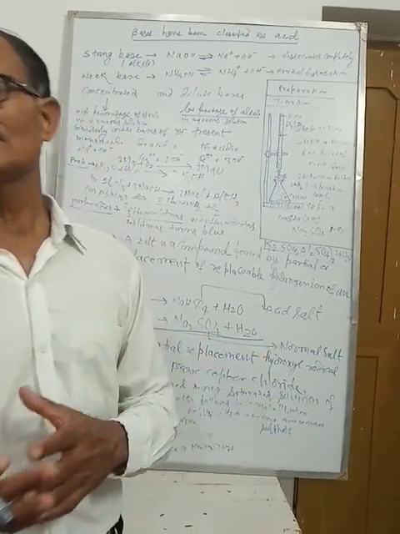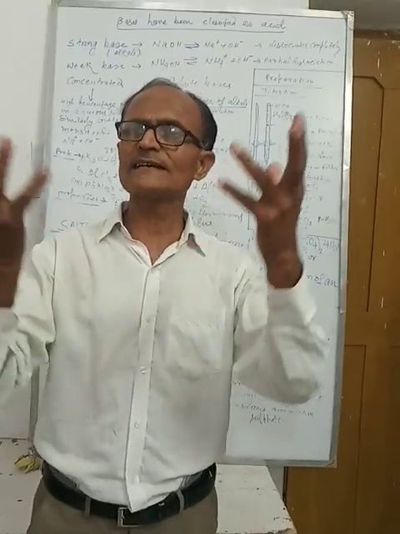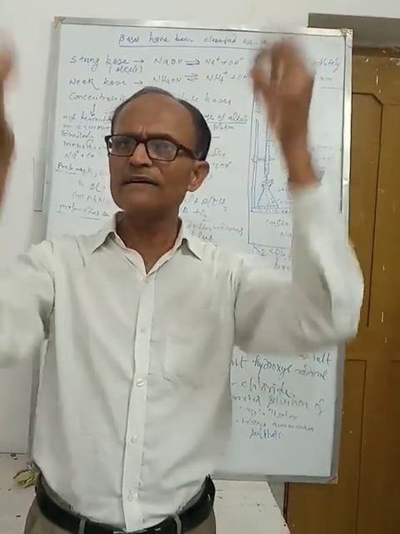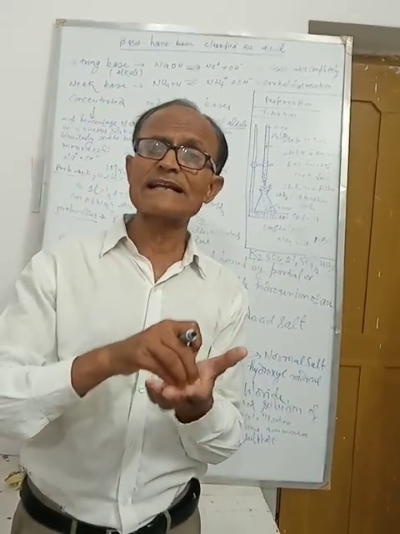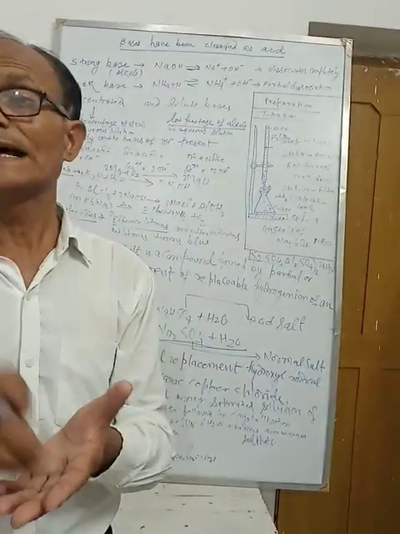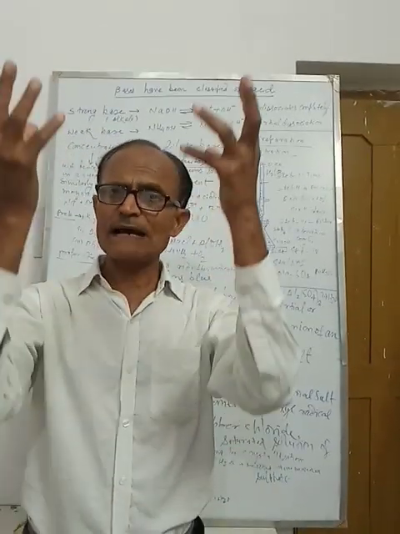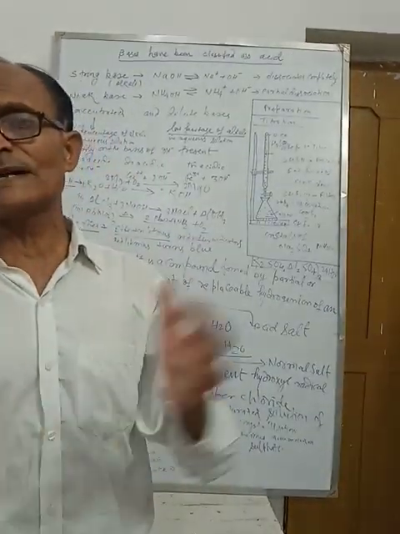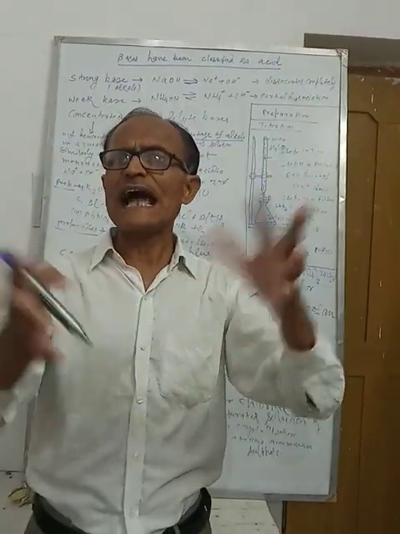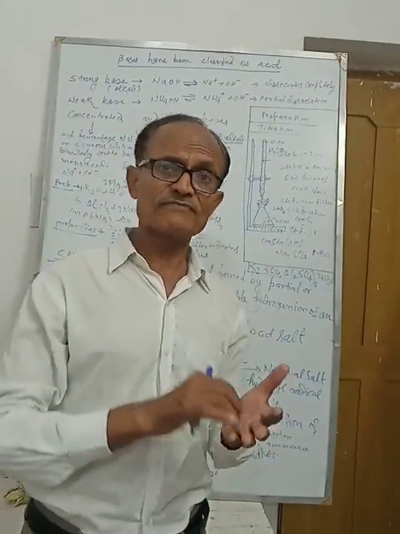These are substances that, when left in air, absorb moisture from the air. हवा से नमी को एब्जॉर्ब कर लेता है और एब्जॉर्ब करने के बाद उसमें घुल भी जाता है. जैसे MgCl2, CaCl2 ऐसे salts हैं. When they absorb moisture from the atmosphere, they dissolve in it and come into liquid state. That is one property of these salts.